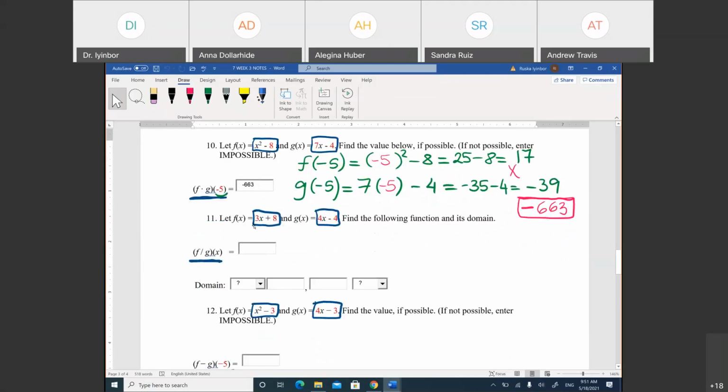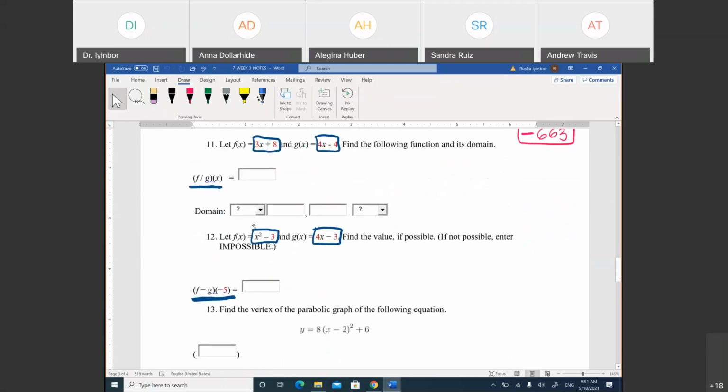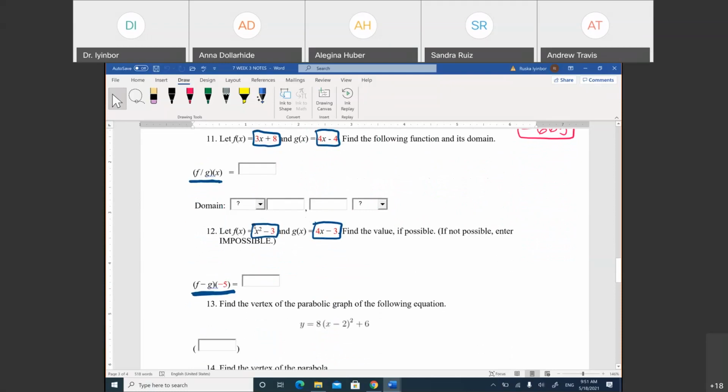And then for number 11, we have another one where we're going to keep it with x. Okay, so here we're going to do what? Copy and paste, right? With the two functions, we're going to do f divided by g. So you copy f over copy g.